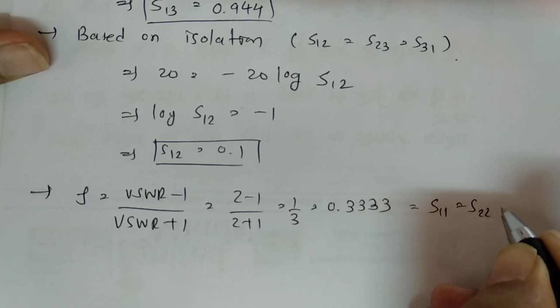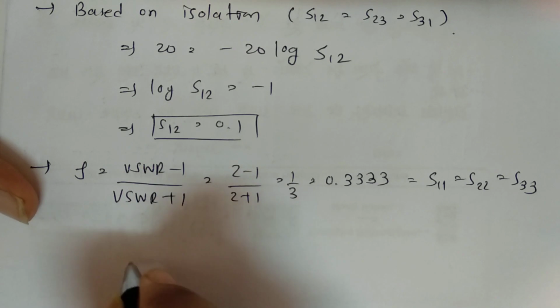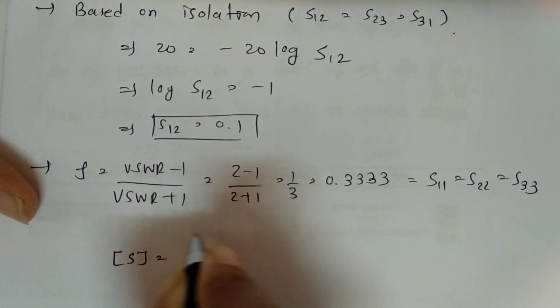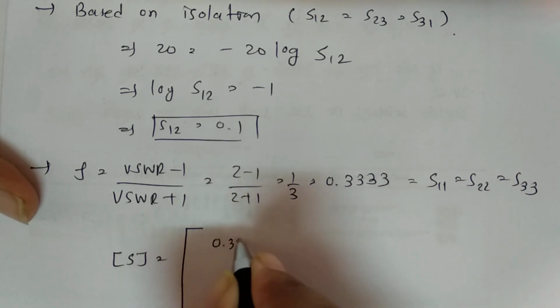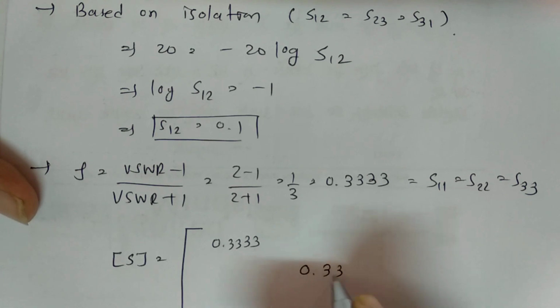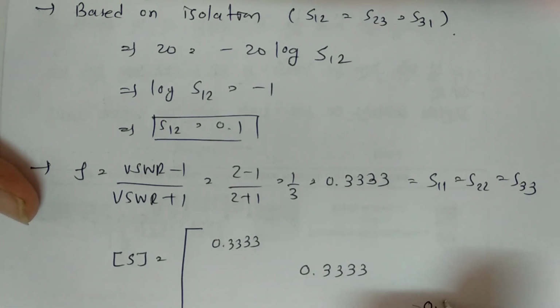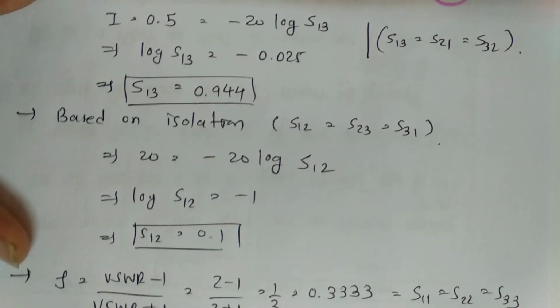So this is what S11, S22, S33 are. Ultimately our scattering matrix for this circulator will have S11, S22, S33 as 0.33. And the straightforward signal, that is what we have calculated, is 0.944.